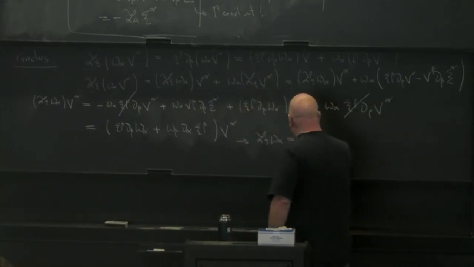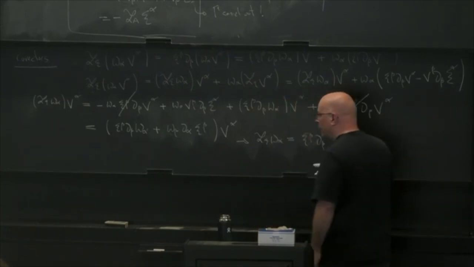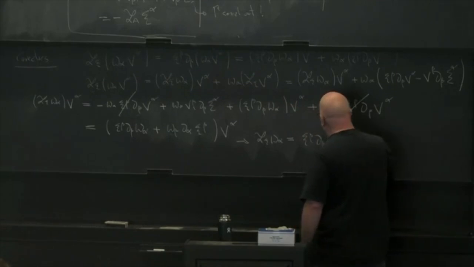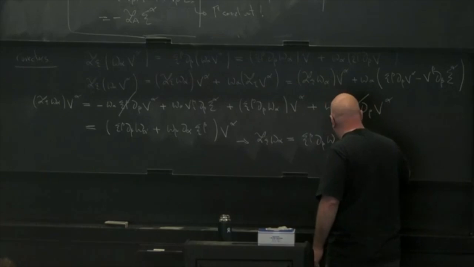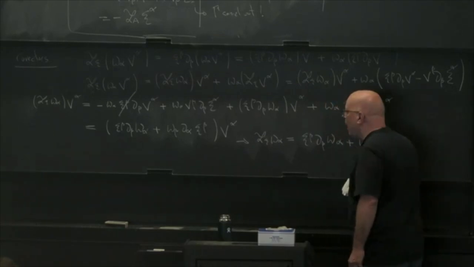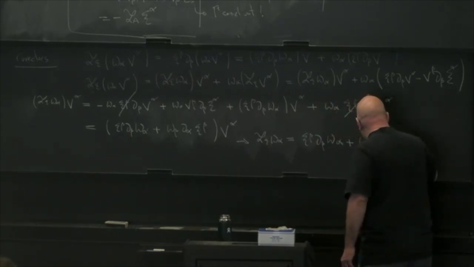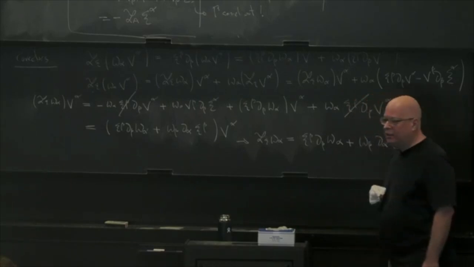a covector is still going to be the derivative of the object in the direction of the xi vector. But instead of having a minus sign, we now have a plus sign. And what we are left with is now the alpha derivative of xi beta.